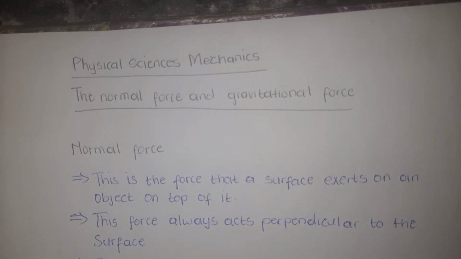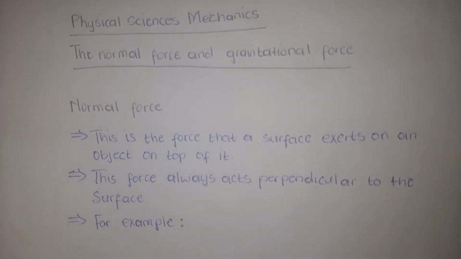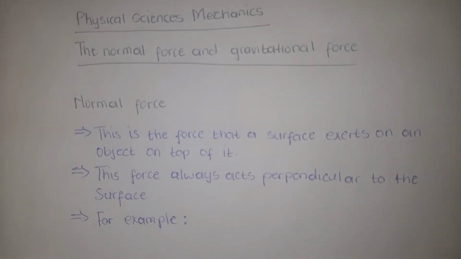Okay guys, let's talk about the normal force and gravitational force. Normal force is the force that a surface exerts on an object on top of it. Recall from the previous lesson, we talked about you pressing your hand down on the table.